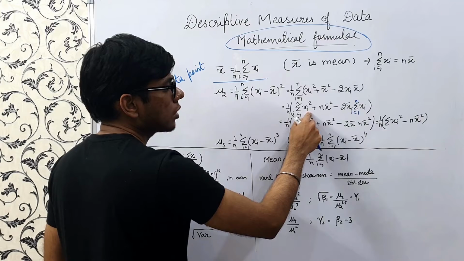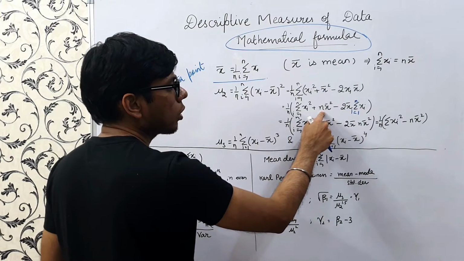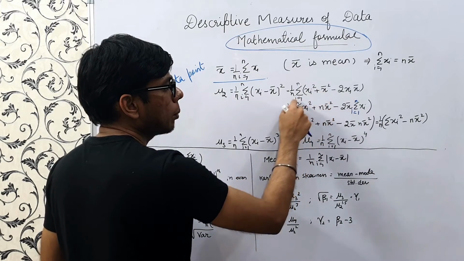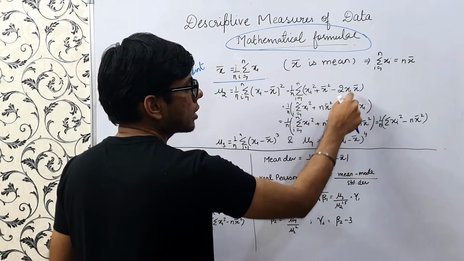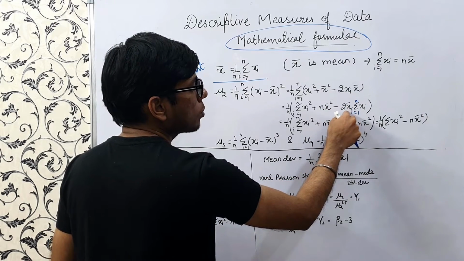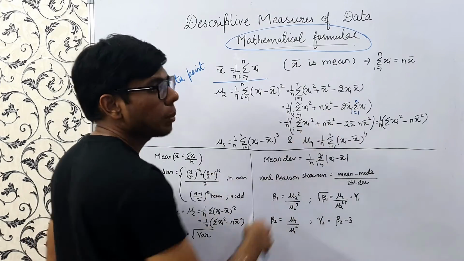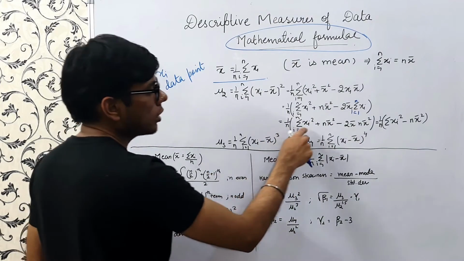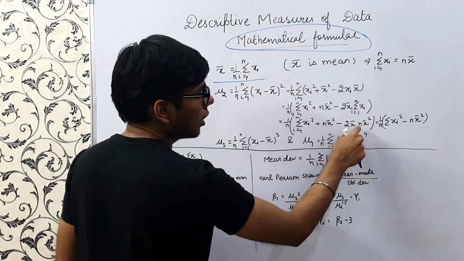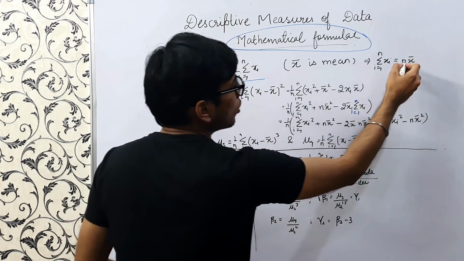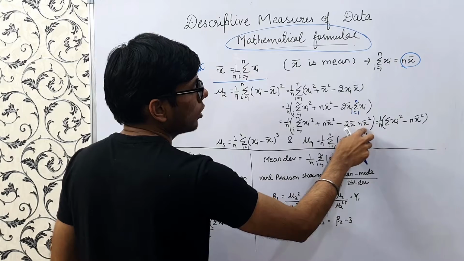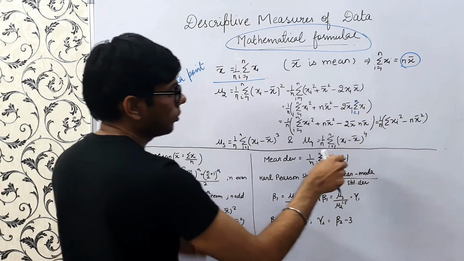So this is summation xi square. Here the summation will go away because we have put n, because this is independent of i, and this 2 x bar will come here and summation xi will remain as it is because x bar is independent of i. Now this is summation xi square, n x bar square. This summation xi we can put as n x bar.